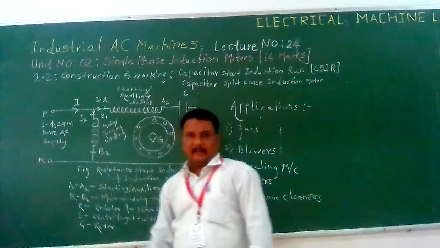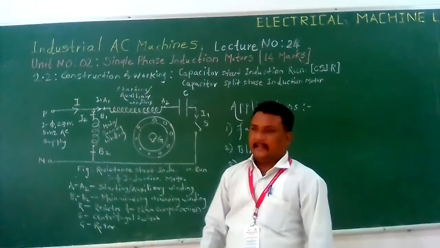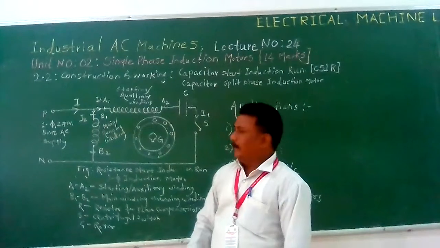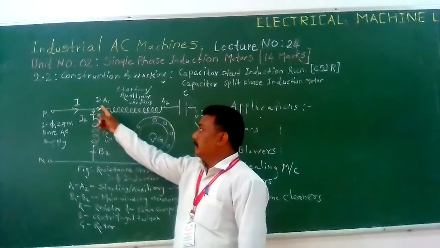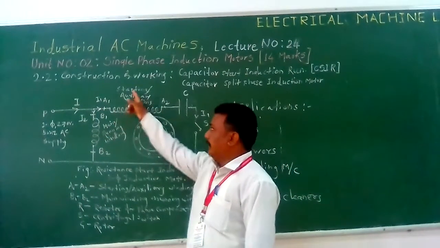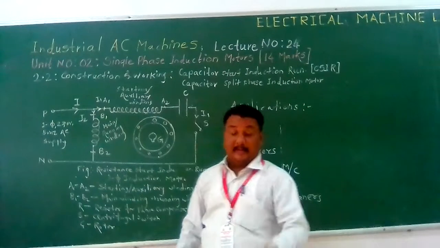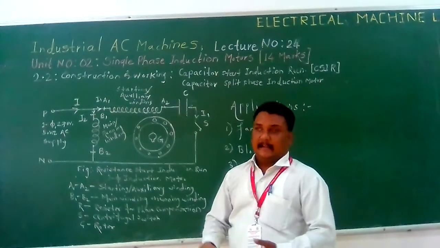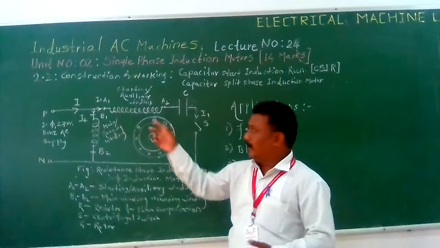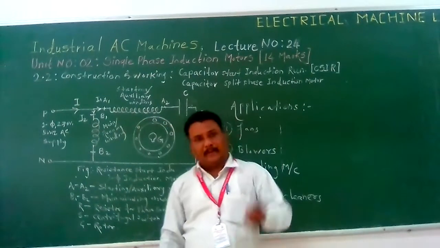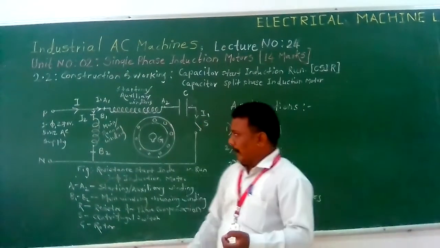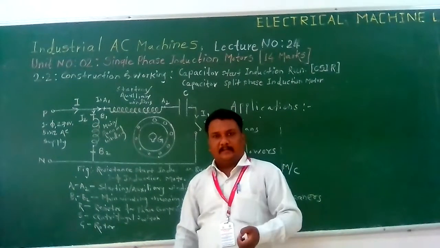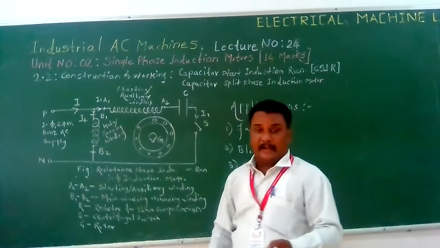At this junction or node point the current becomes divided, and here A1 A2 is the starting winding or auxiliary winding. We know that its resistance is very high, its length is very high, and its area of cross section is very low. And I2 is the running winding current, means it's the main winding.